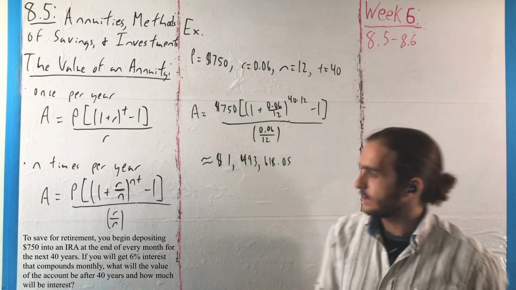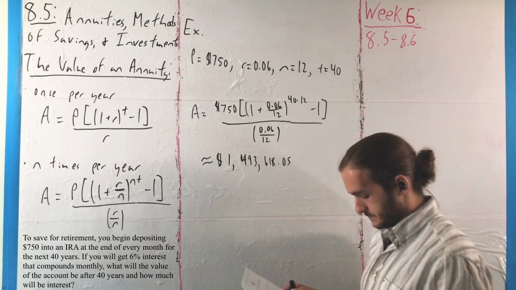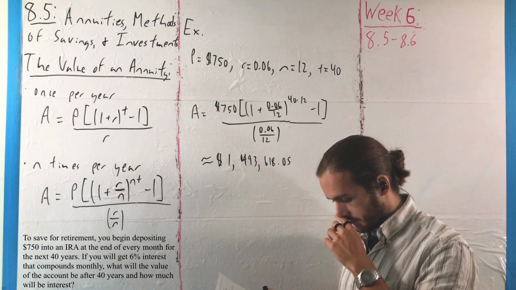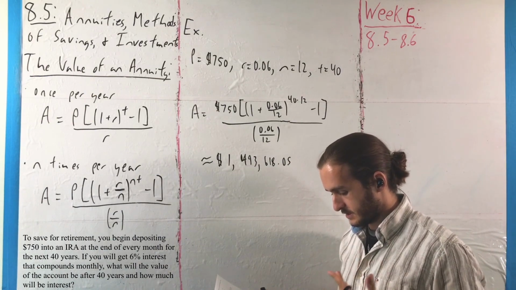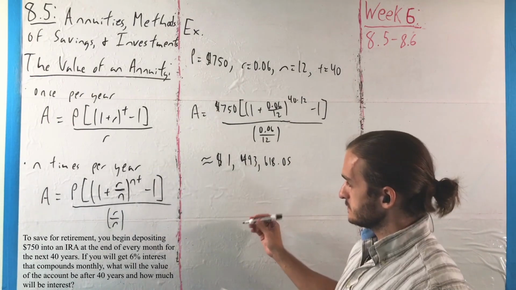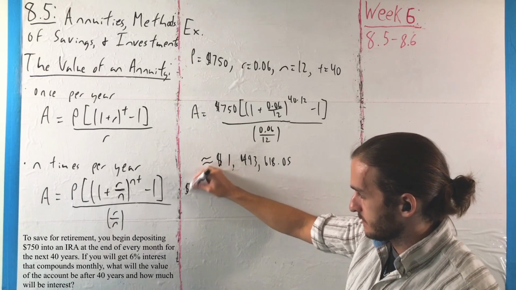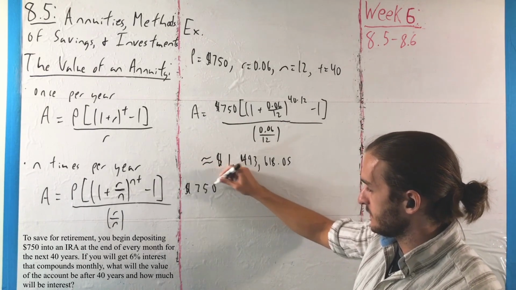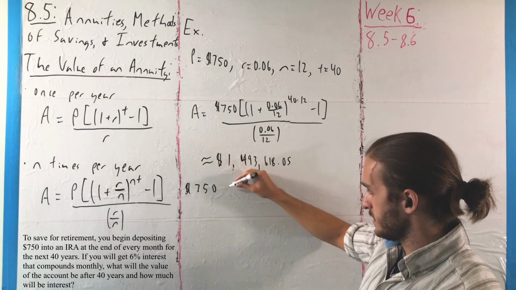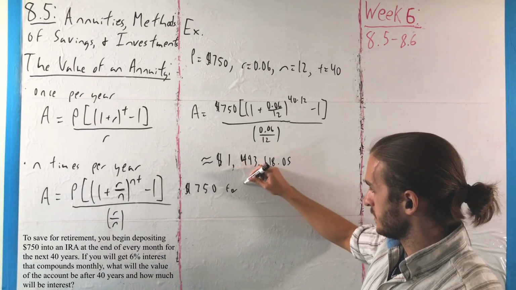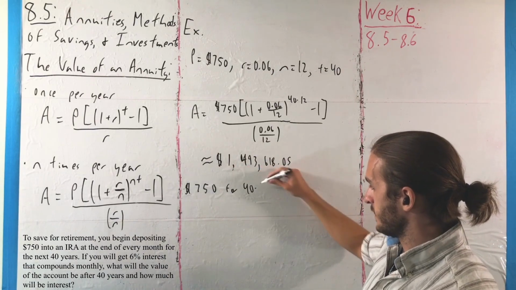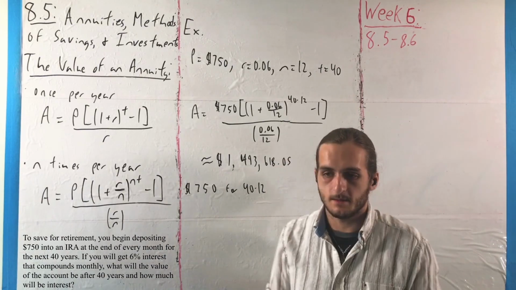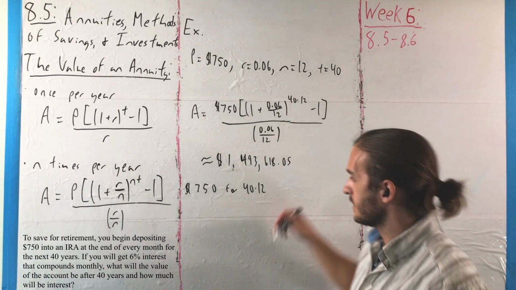Hooray! To find out how much of this was interest, think about the fact that you're putting in $750 for 40 years, once a month, so that is 480 times.